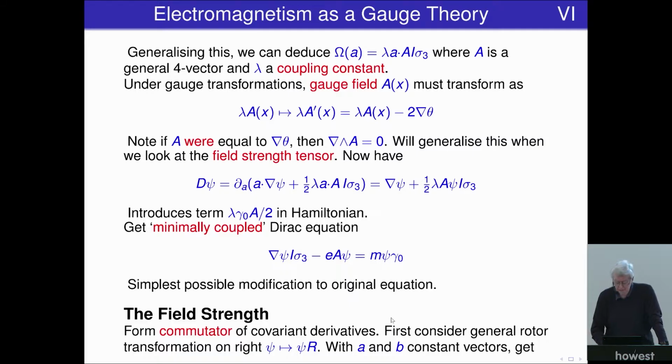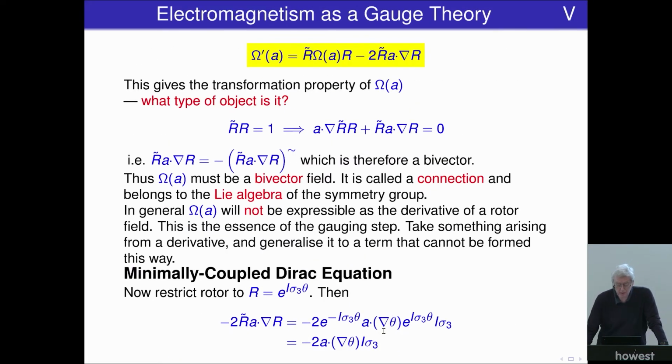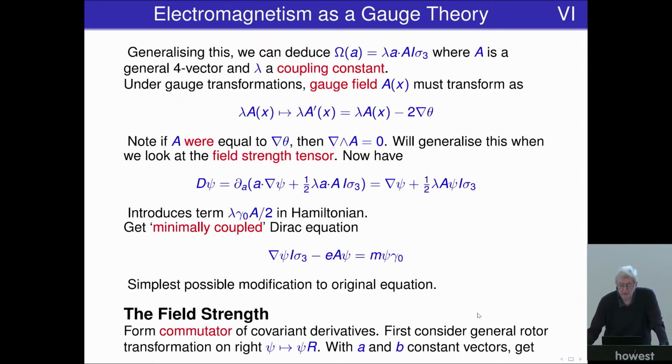And so this is the gauging step now. We've achieved this bit via a derivative, a dot grad theta. What we do now is we generalize the form of this to a new object. And you can see we could do that if instead of a grad of a scalar, we put a general vector in that position. And that general vector is the 4-potential of electromagnetism, A. And we bring in a coupling constant at the same time.